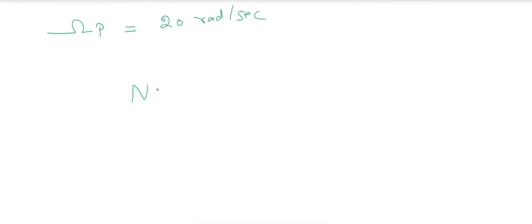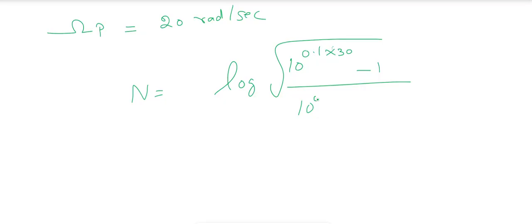So n is equal to log of square root of 10 to the power 0.1 alpha s. What is alpha s? Alpha s is 30 dB, so 10 to the power 0.1 into 30 minus 1, divided by 10 to the power 0.1 into alpha p, where alpha p is 2.5 dB, minus 1.